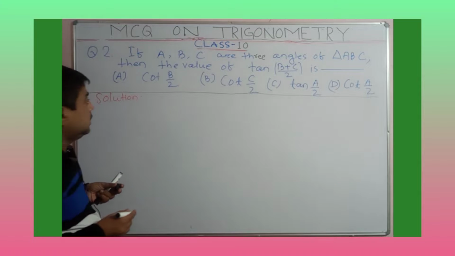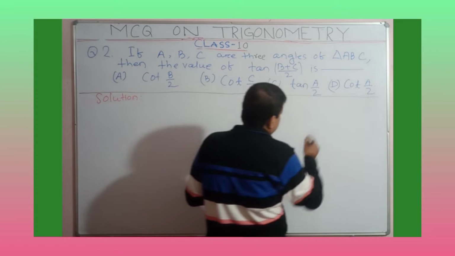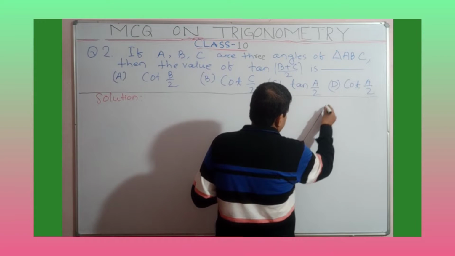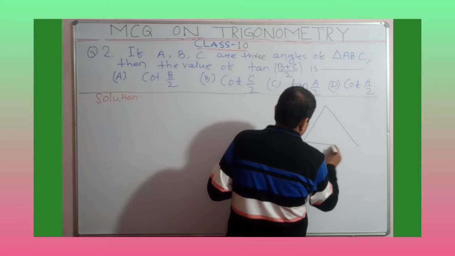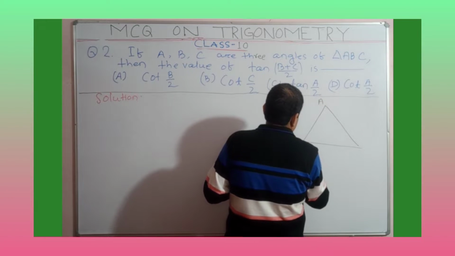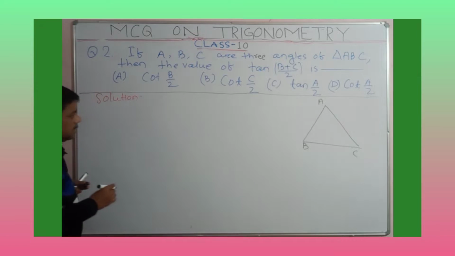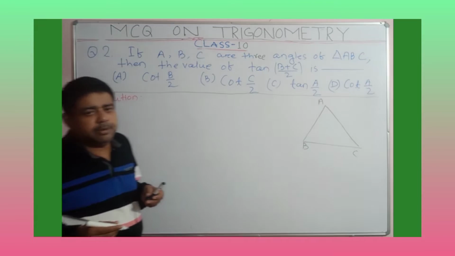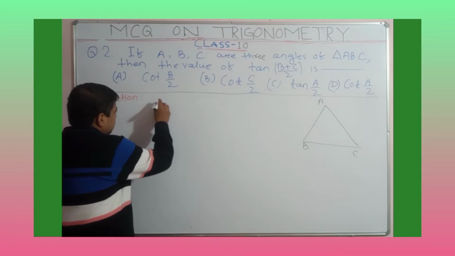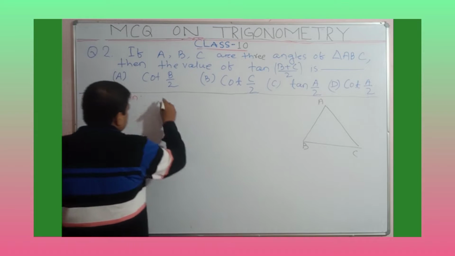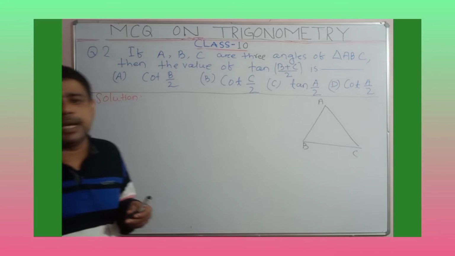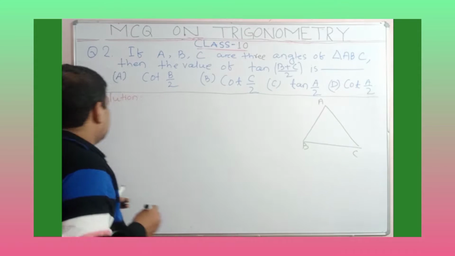Okay, let's see. Here ABC is a triangle, and A, B and C are the three angles of triangle ABC. Since they are the three angles of a triangle, we know that the sum of the three angles of a triangle is 180 degrees.